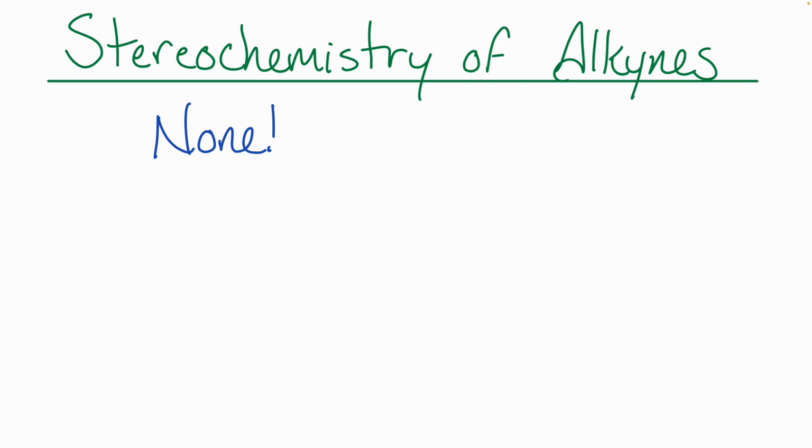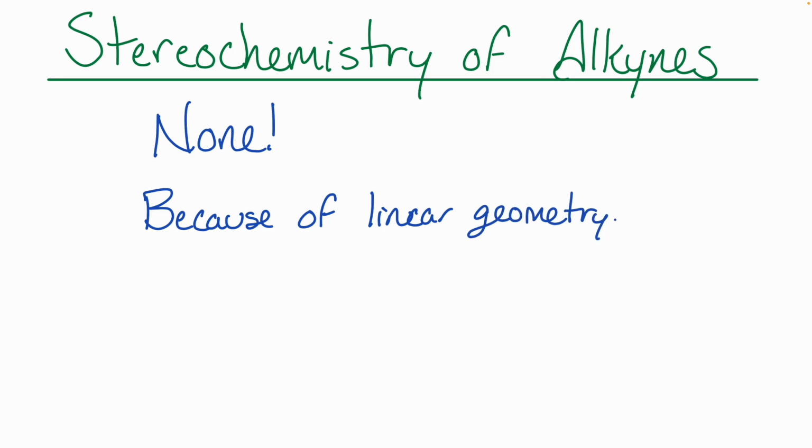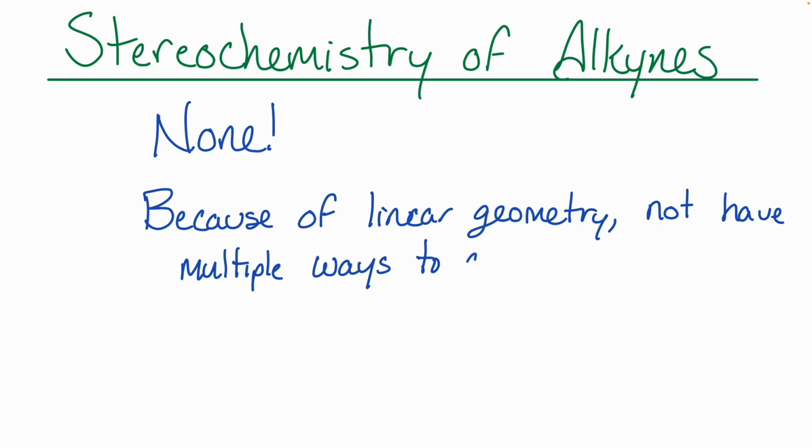Because of our linear geometry, we do not have multiple ways to arrange these atoms. So cool, we don't have to worry about it with alkynes like we did with our alkenes.